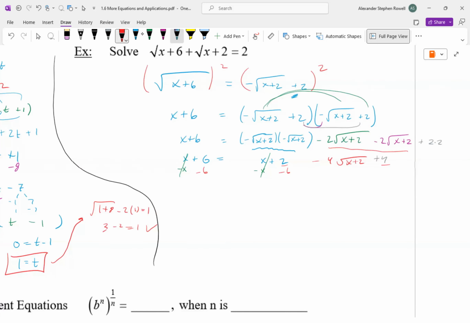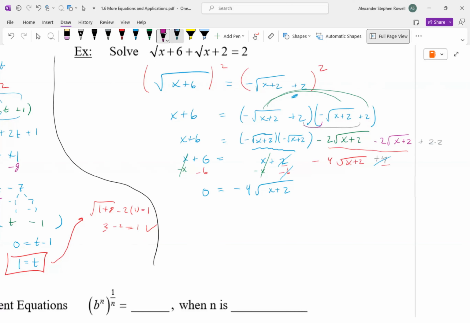So that would give me, on the left-hand side, 0 is equal to what? Negative 4 square root of x plus 2. So the 2 and 4 cancel with this negative 6, right? 2 plus 4 is 6, minus 6 is 0. All right, so what's the next step?